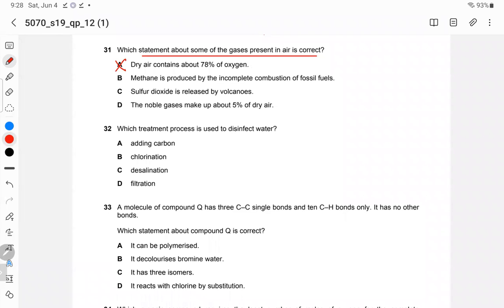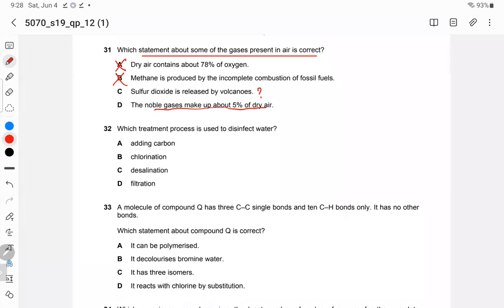Methane is produced by the incomplete combustion of fossil fuel. Is this correct? No, sir. Carbon monoxide and water are produced. Sulfur dioxide is released by volcanoes. Is this correct? Yes, it is correct. Volcanic eruptions can form sulfur dioxide.